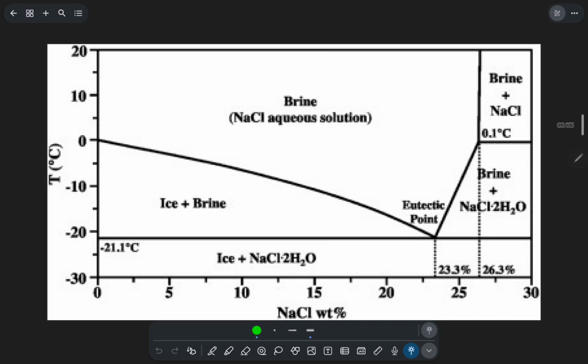If you have something, let's do ferric sulfate, Fe2(SO4)3.